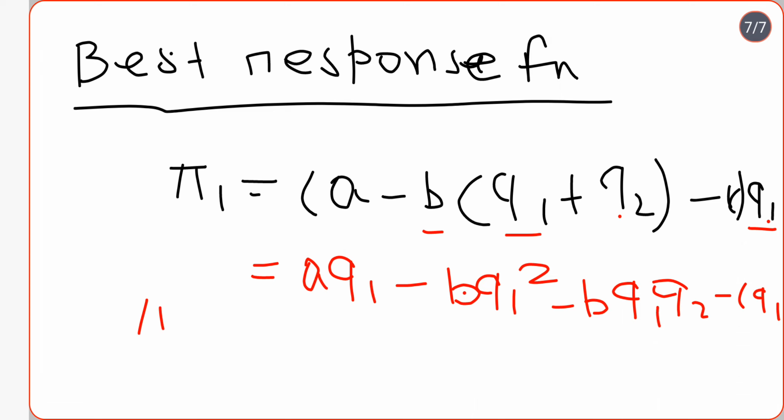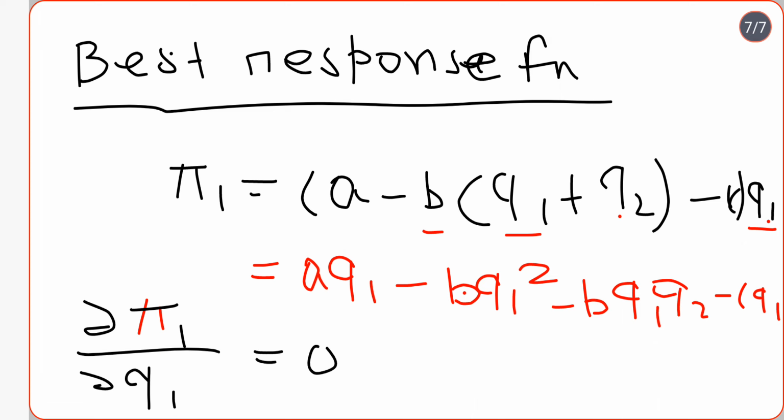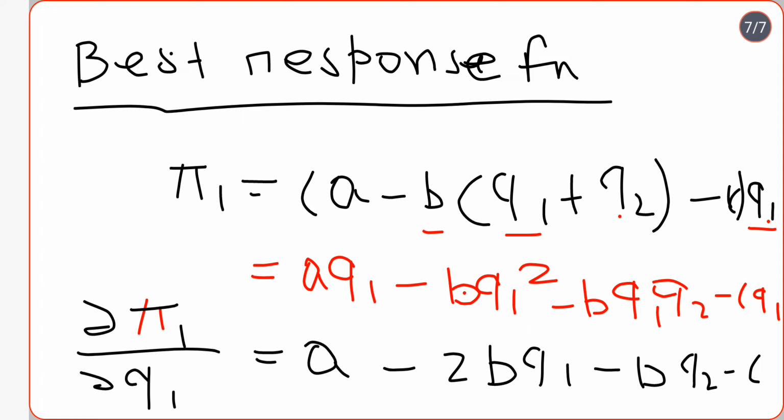So if I find the derivative of this function with respect to the quantity produced by farm 1, that is Q1, it will be A minus 2BQ1 minus BQ2 minus C, and we will set it equal to 0. It is a very basic differentiation. I hope you can understand it.